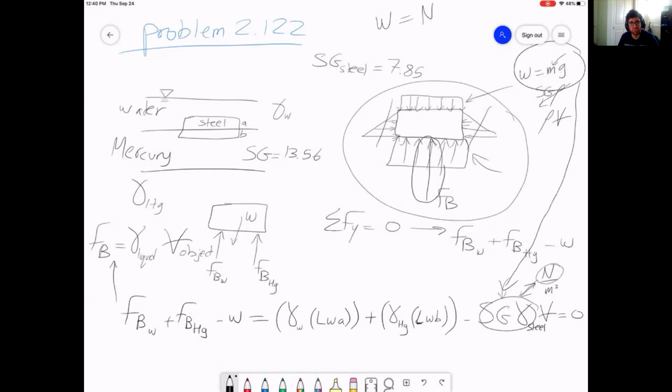And what about this volume? Is it the entire volume? Yes, because it's the entire volume of this steel block. That's why I like to start from the top: weight is equal to mass times gravity, and then work my way to SG times gamma times volume, because I don't really have the formula memorized.